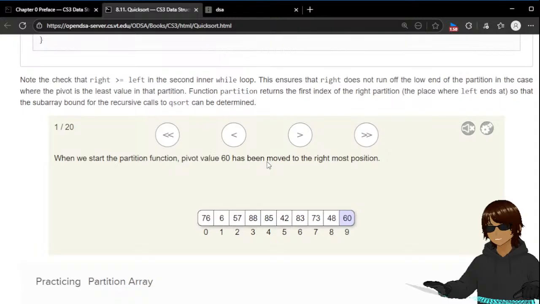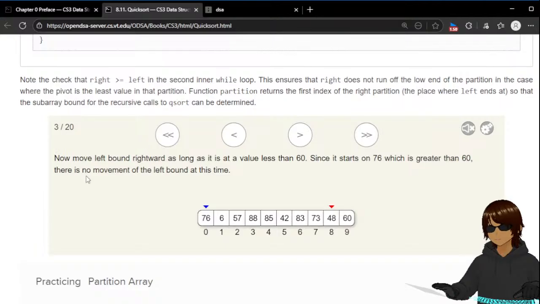Pivot value 60 has been moved to the rightmost position. When we start the partition function, pivot value 60 has been moved to the rightmost position. The left and right bounds are set to positions 0 and 8 respectively.